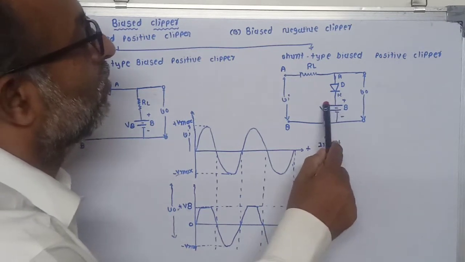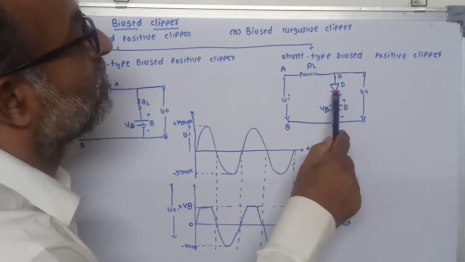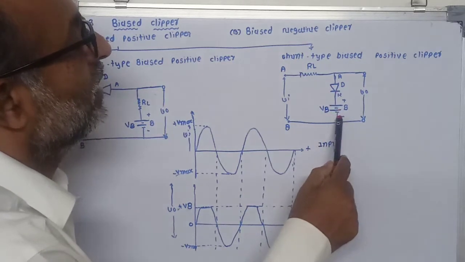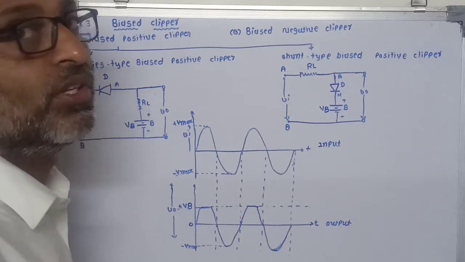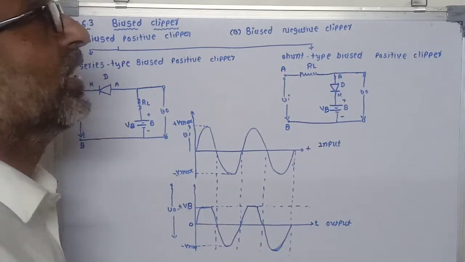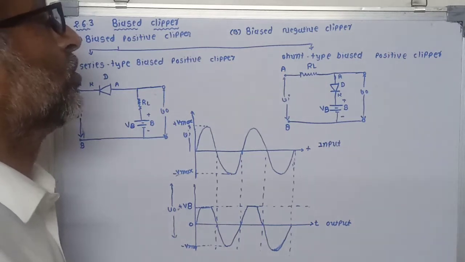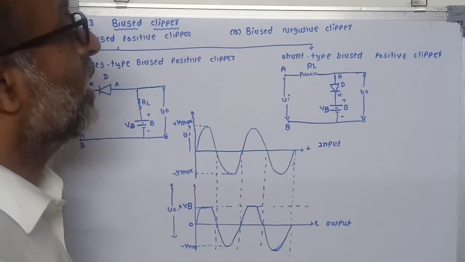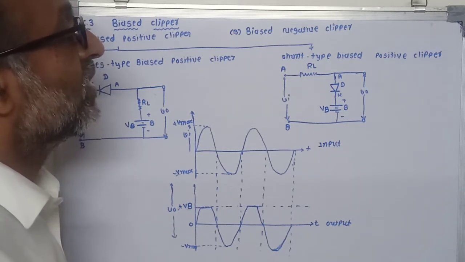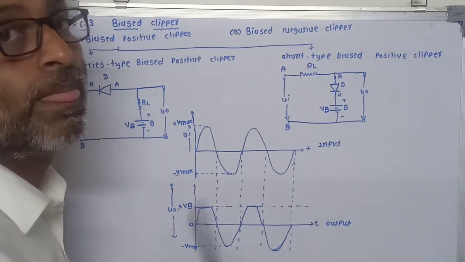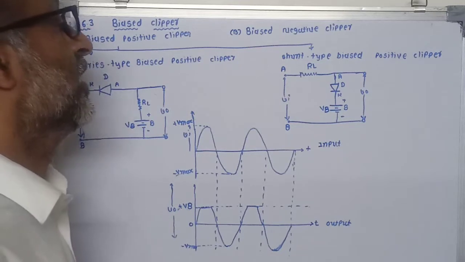But the battery's positive terminal is connected to the cathode and the negative terminal of this battery is connected to the anode of this diode. So in this case, the diode is in reverse bias. So here you can say that the diode is forward biased due to the input voltage, but it is reverse biased due to the battery voltage.